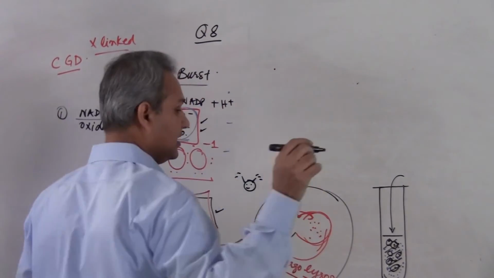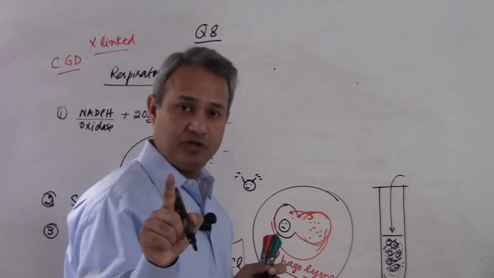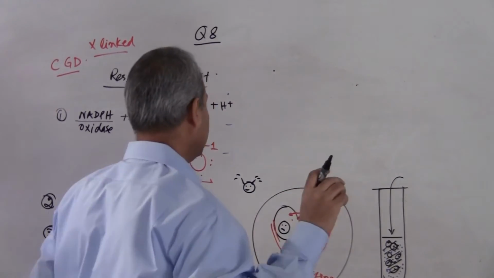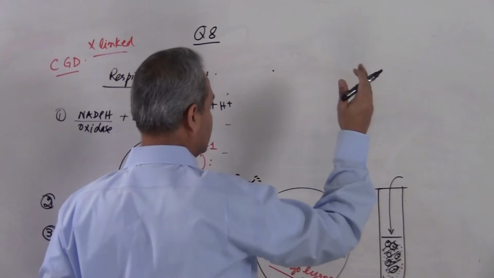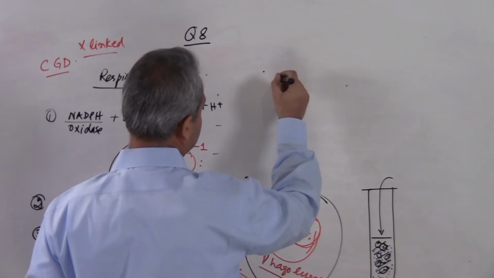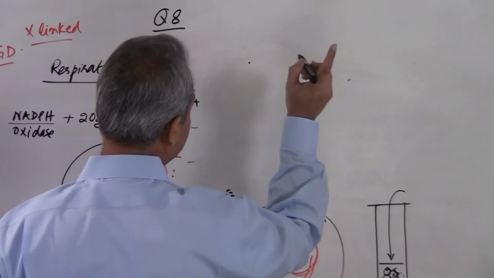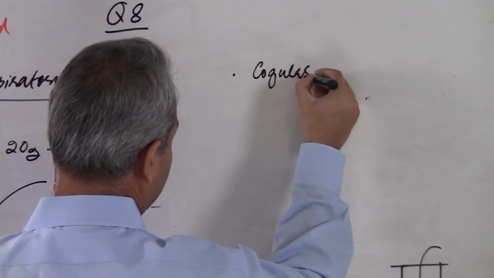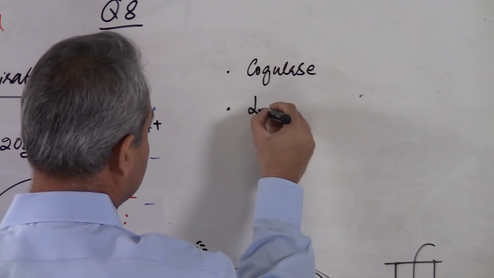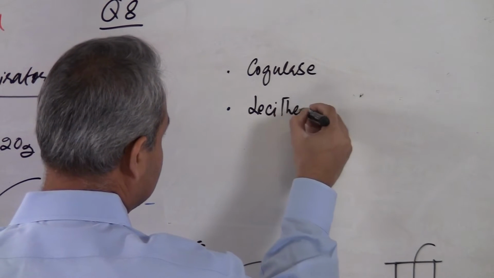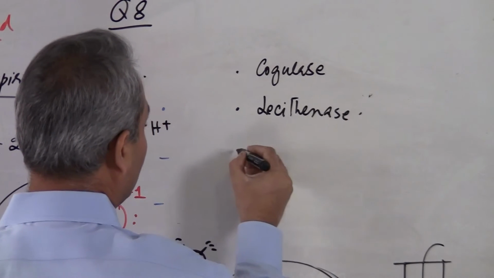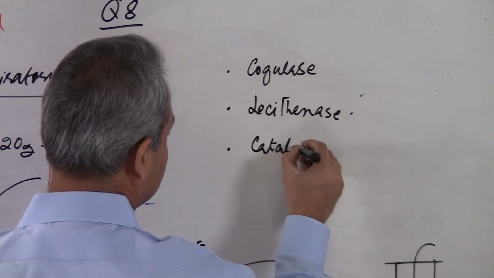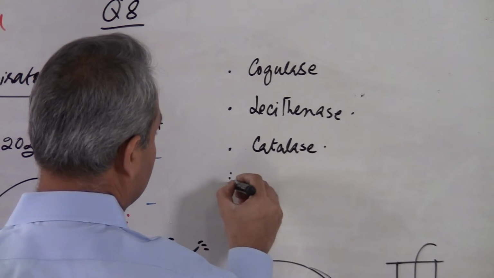So the question is, what substance is being produced by the pathogens isolated from this patient's lesions? The choices are, let's say the pathogen is producing coagulase, or lecithinase, or catalase, and so on.